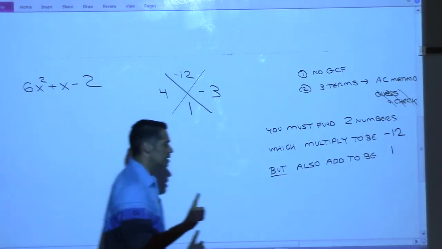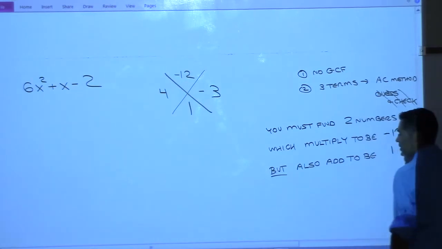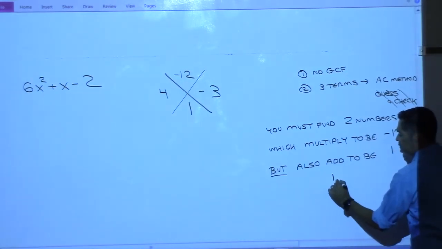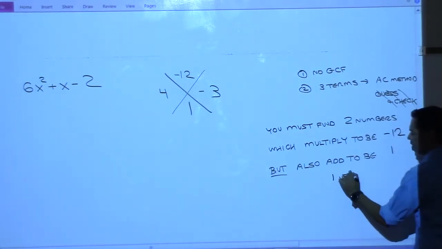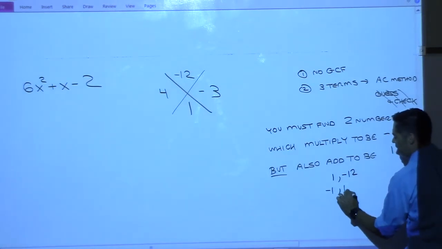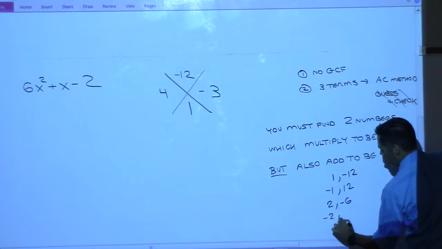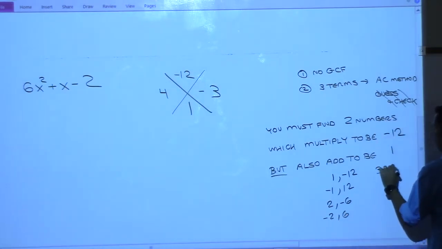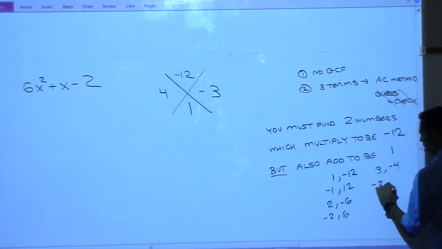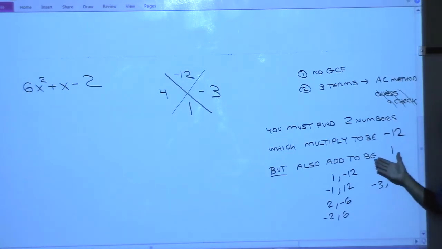Now, again, if you didn't know how to get those two numbers, I would start with 1. I'd do like 1, and let's see, I need to be -12. So 1 and -12, I'd write -1 and +12. I do 2 and -6, I do -2 and +6. I do 3 and -4, I do -3 and +4. So I'm basically looking at all the different ways I can multiply and get -12. Do y'all see that? And then I just start seeing which of these add up to be 1.